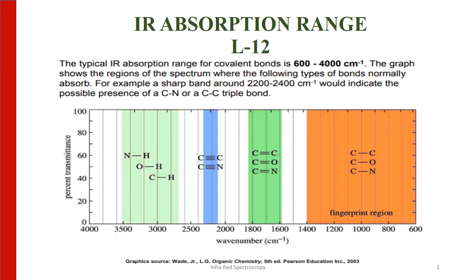Let's take an example. Some molecules containing the same functional groups show similar absorption above 1500 per centimeter, that is in the functional group region, but their spectra differ in the fingerprint region.